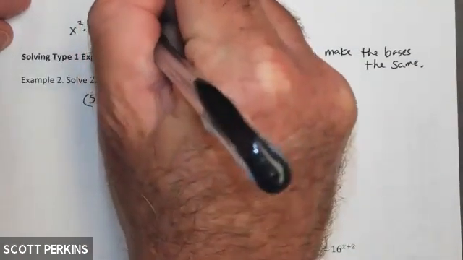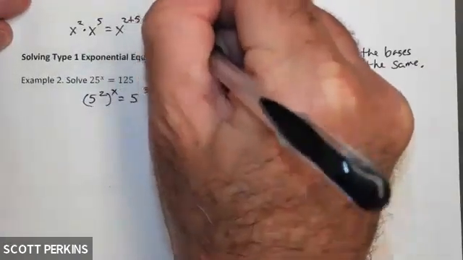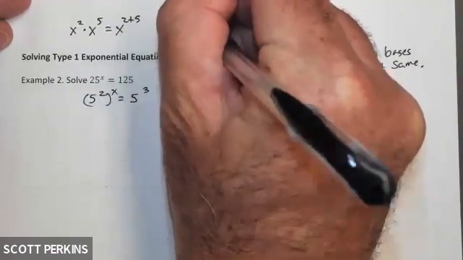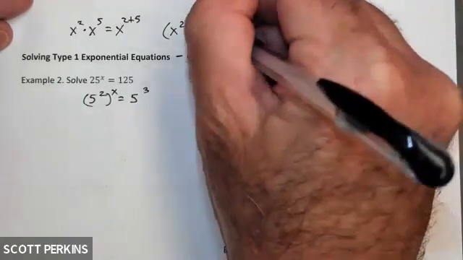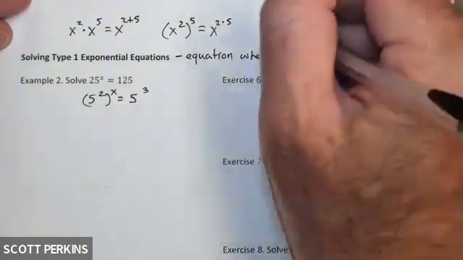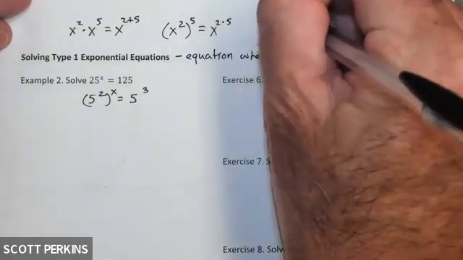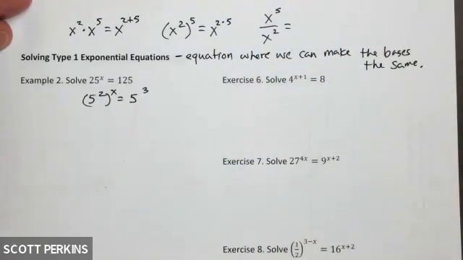So this is x to the 2 plus 5, or in other words, 7. If you have x to the second and you raise it directly to the fifth, what do you do when you have an exponent raised directly to an exponent? You multiply them. So that would be 2 times 5, or 10. And then last but not least, if I have x to the fifth divided by x to the second, what do I do when I divide my bases?